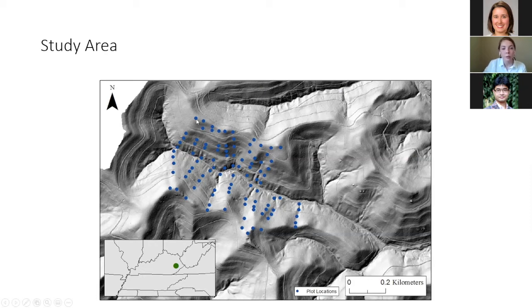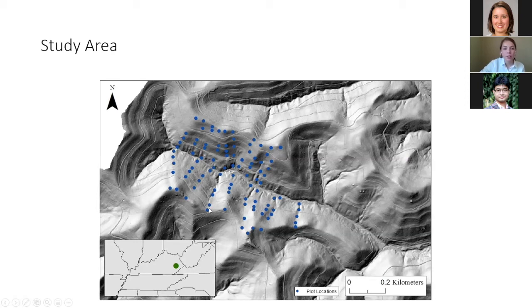The next factor would be topographic position. We had 5: ridge, upper slope, middle slope, lower slope, and valley. And then we had 2 slope curvatures. This transect on the left would be considered a convex slope curvature, and then we had ones that were more concave, such as this one.